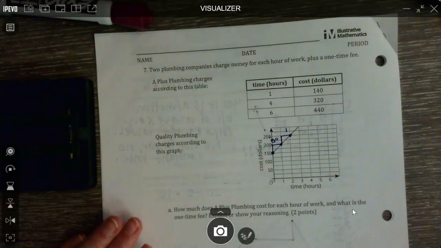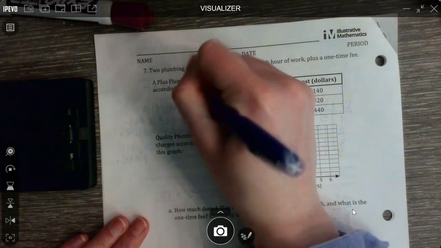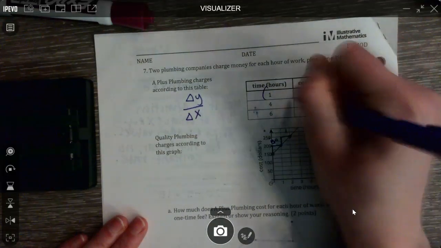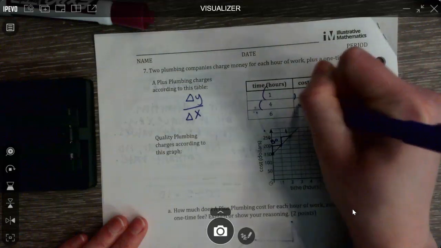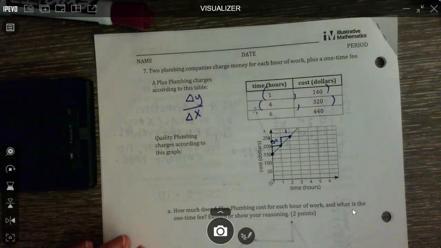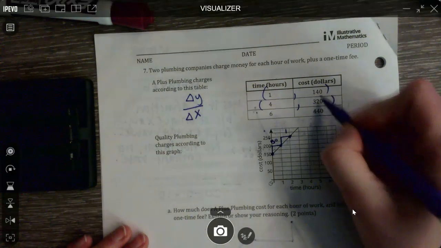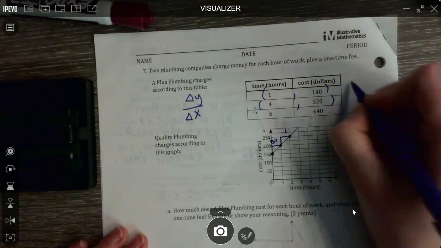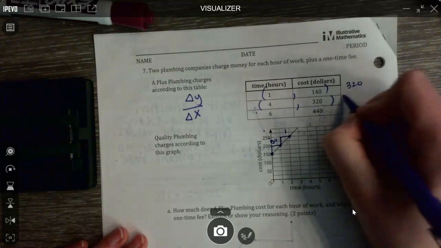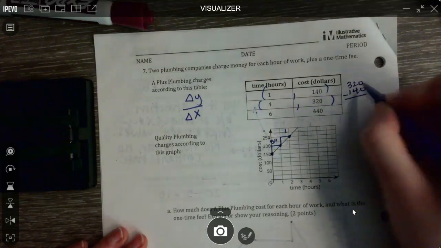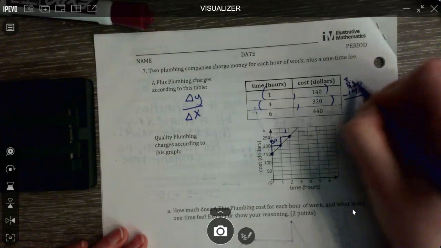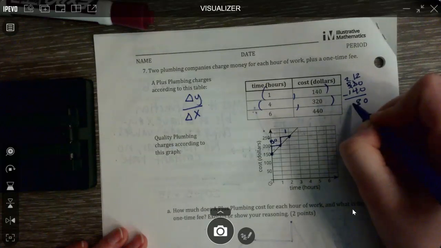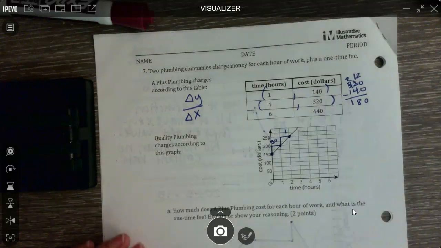Then, using your table, remember change in y over change in x. You can think of each of these as a point. Okay, so if that's true, and I just want to find the difference between my y values and the difference between my x values. So I want to think, okay, well, what's 320 minus 140? 0, borrow, 12, 80, subtract, 180, okay?